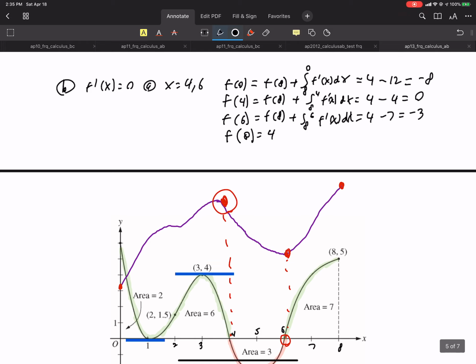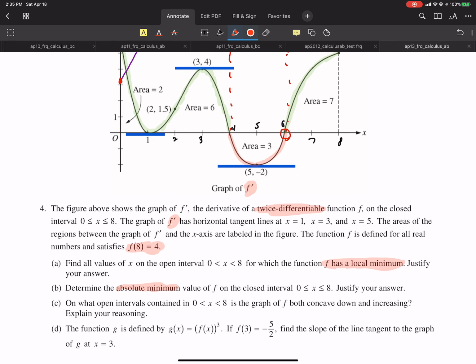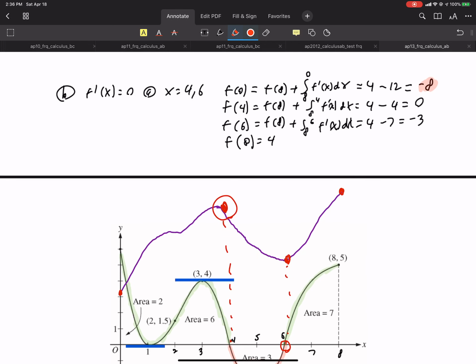So the question is, where is f the smallest? Clearly, negative 8 is the smallest number. So let's read the question. Is it asking for the smallest value or the x-coordinate? Determine the absolute minimum value. So we're done. We just have to write our conclusion.